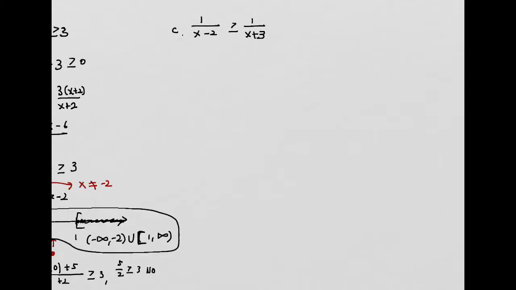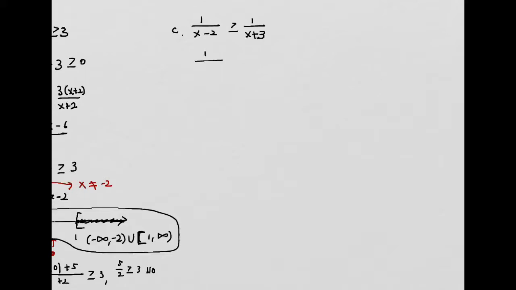This is the last problem of 2.6, rational inequalities. So if you want to, pause this and try for yourself and see if you get the right solutions. Always start by making one side equal to 0.